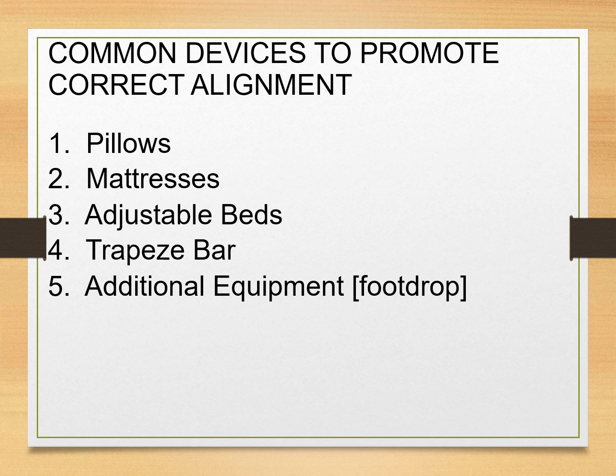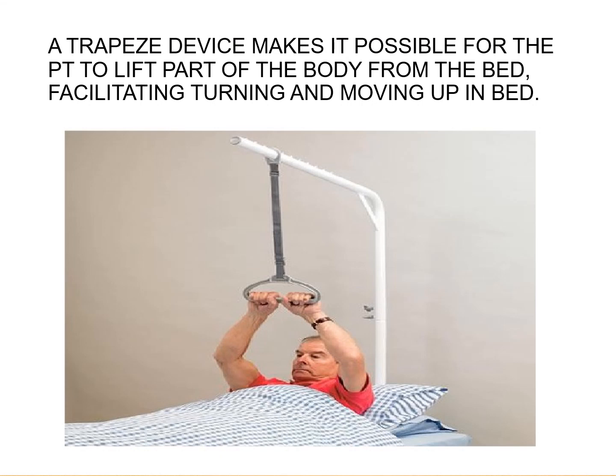There are common devices to promote correct alignment. Consider pillows, mattresses, adjustable beds, trapeze bar, and additional equipment considering the foot drop. A trapeze device makes it possible for the patient to lift part of the body from the bed, facilitating turning and moving up in bed.